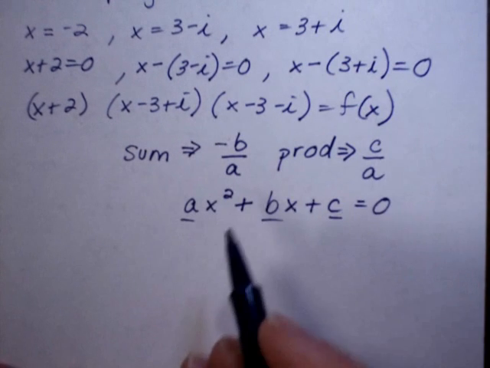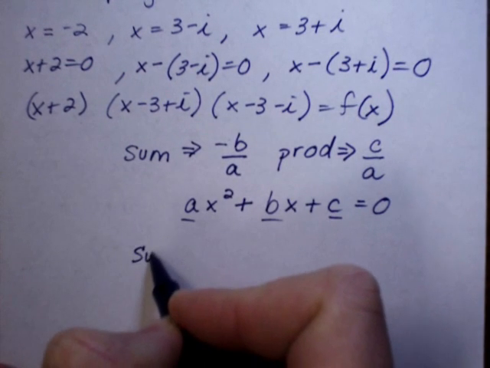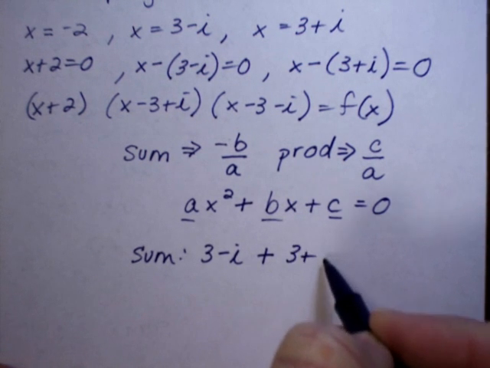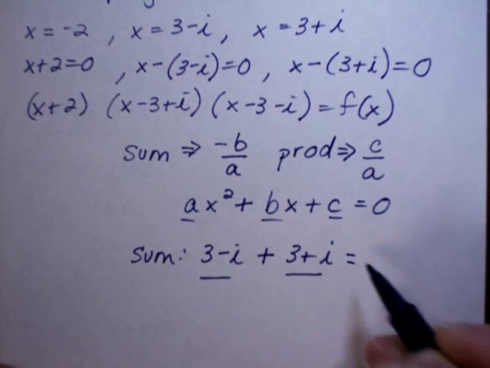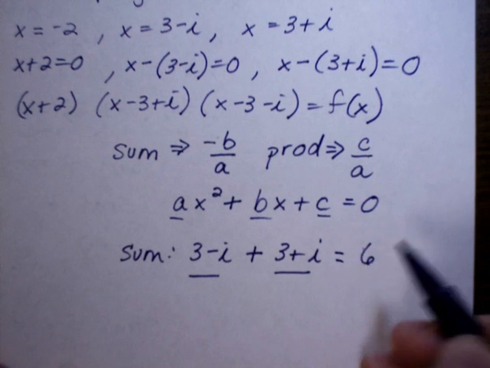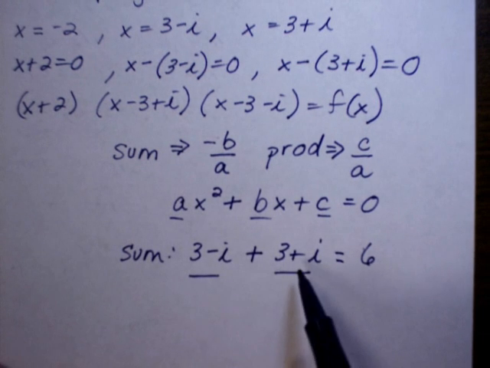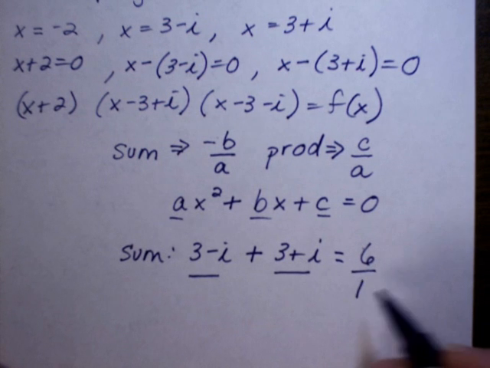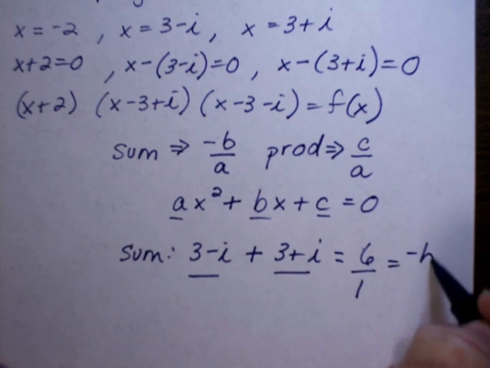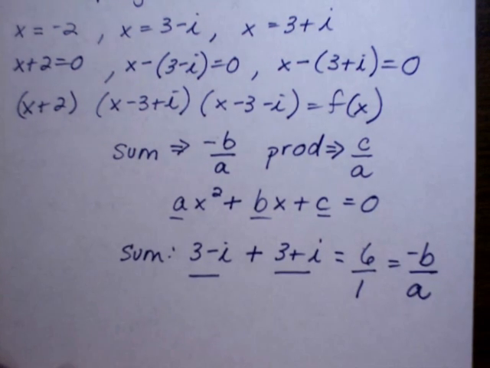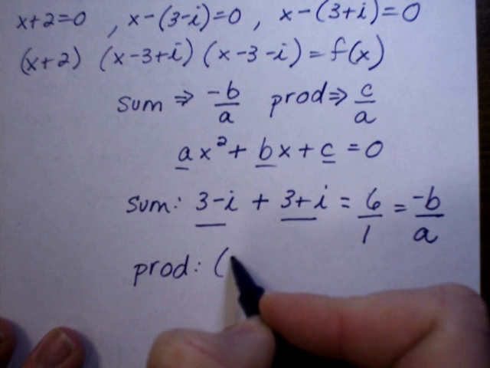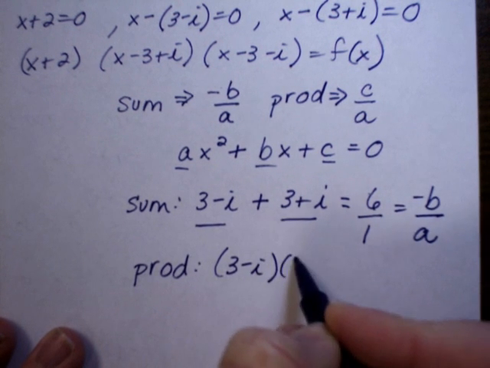So we'll start with the sum. When I add the two together, 3 minus i plus 3 plus i, I end up with 6, and then my i's add up to 0, so they kind of cancel each other out. We can also write this as 6 over 1. And remember that relates to the ratio negative b over a. To find c, we want to multiply the two together.